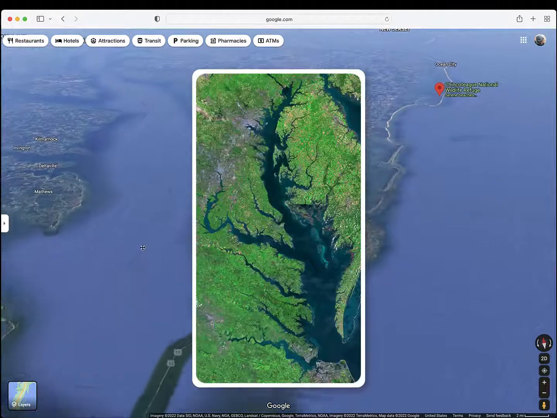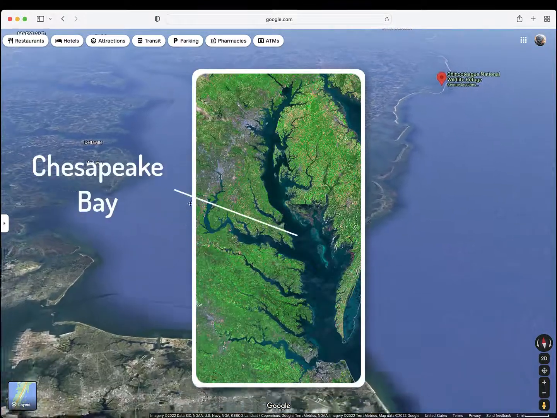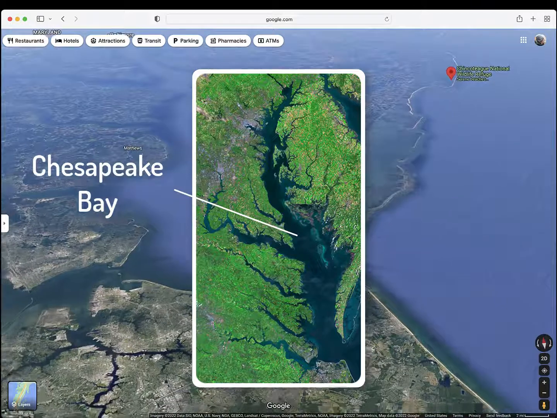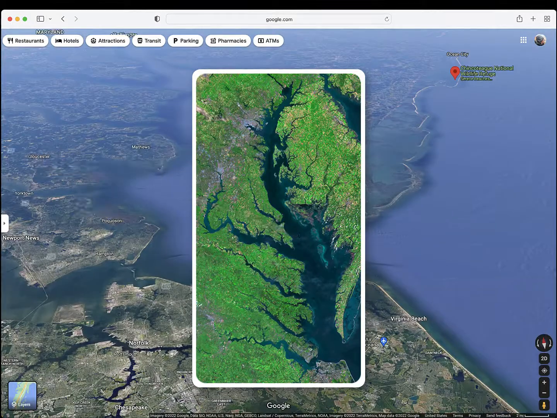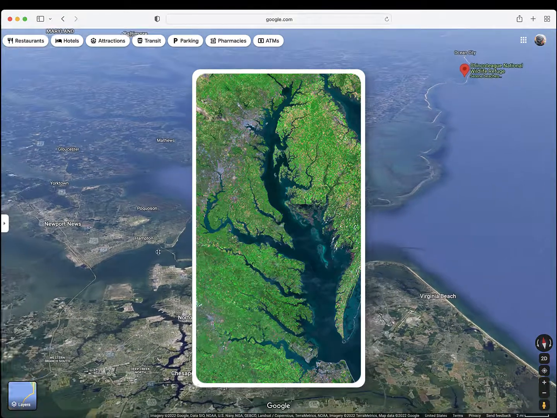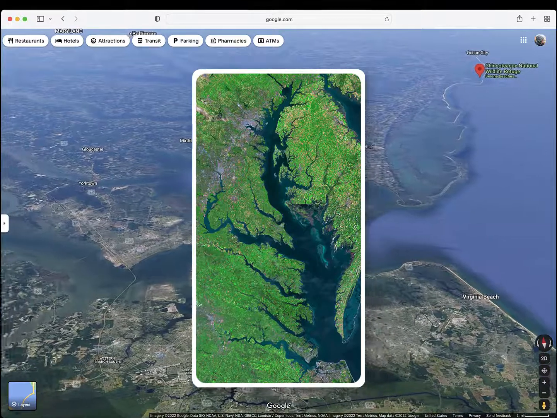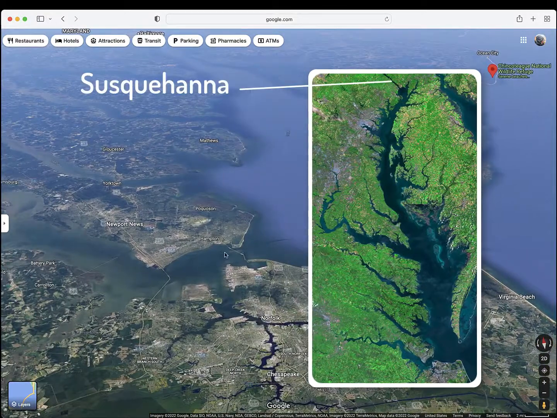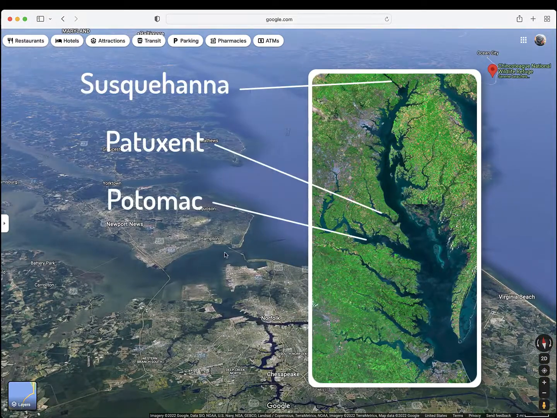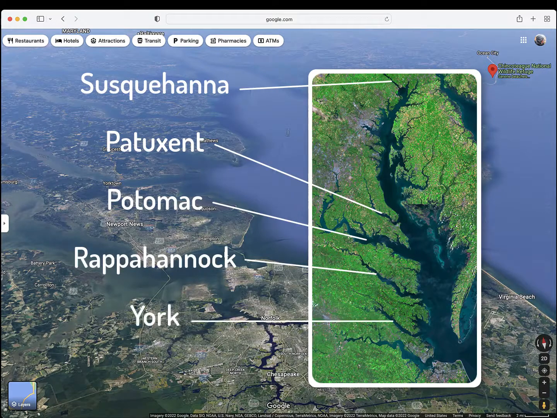Formed by about 3,000 years ago, the Chesapeake Bay is the largest estuary in the United States and has several large tributary estuaries that flow into it, including the Susquehanna, Patuxent, Potomac, Rappahannock, York, and James rivers.